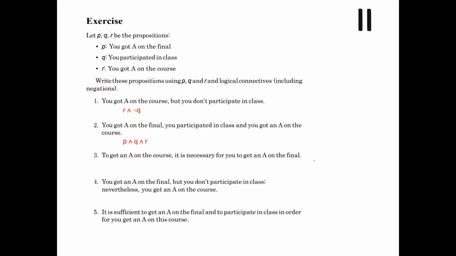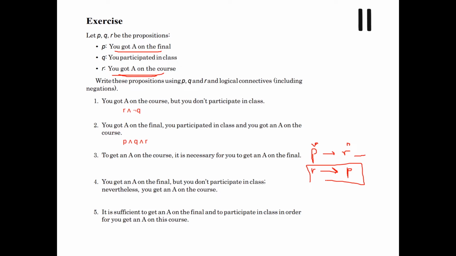It's either going to be P implies R, or it's going to be R implies P. So what does the first one say? If you get an A on the final, then you're going to get an A on the course. Whereas the second one says, if you get an A on the course, then that means you must have gotten an A on the final.